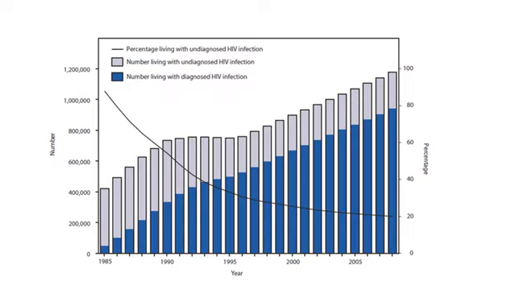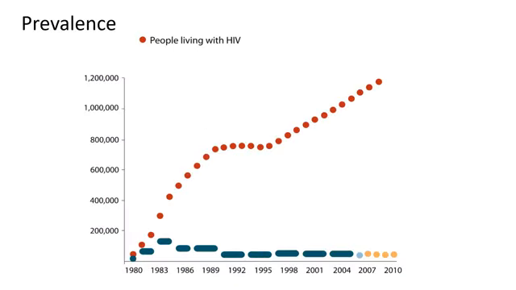But if you scoot over to the right-hand side, about 2010 maybe, perhaps 80% are diagnosed and another 18% are undiagnosed. And then the line graph shows in another way that the number of undiagnosed has gone down considerably.